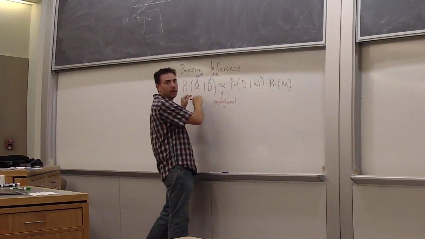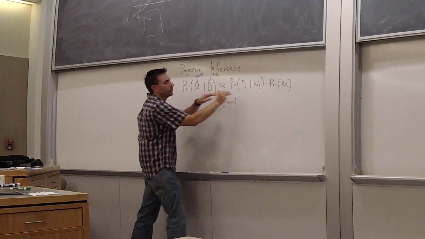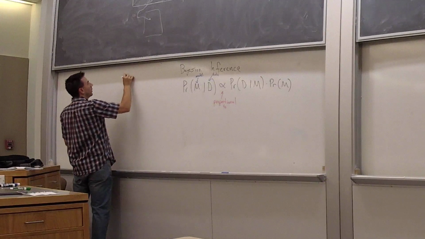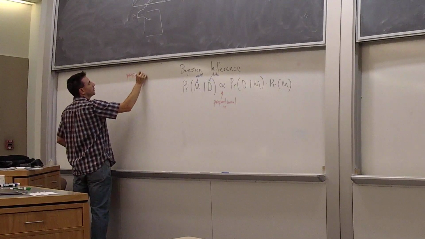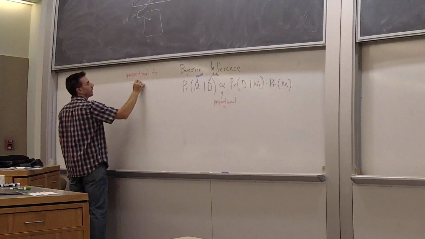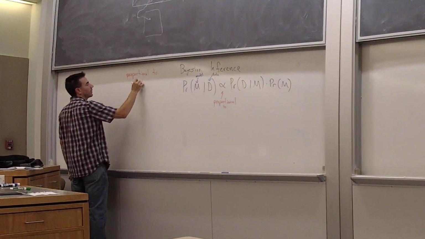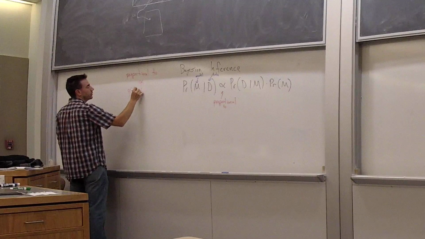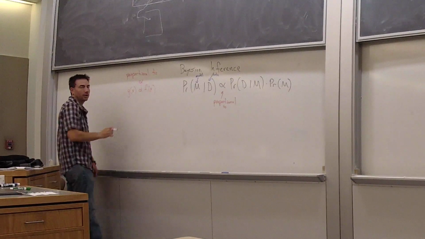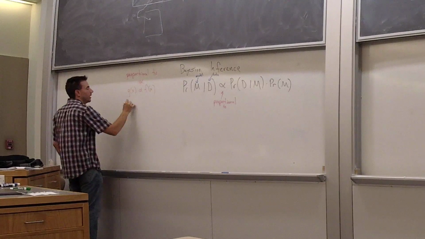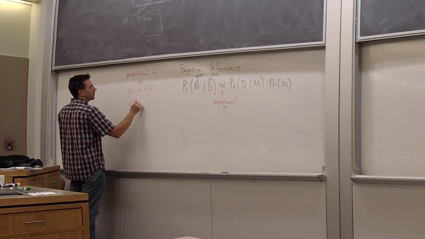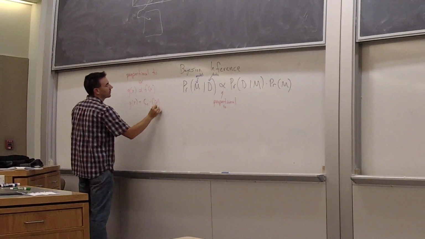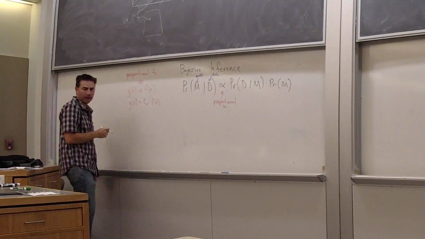So this term is going to be proportional to this term. And the idea of proportional to is that if you have some function, g of x, that's proportional to another function, f of x, it means that g of x is going to be equal to a constant times f of x.